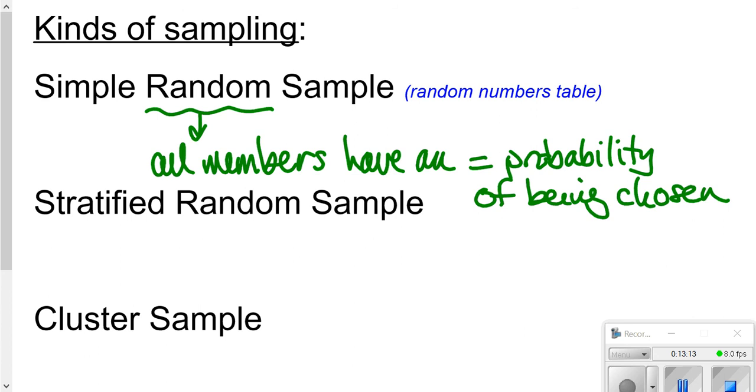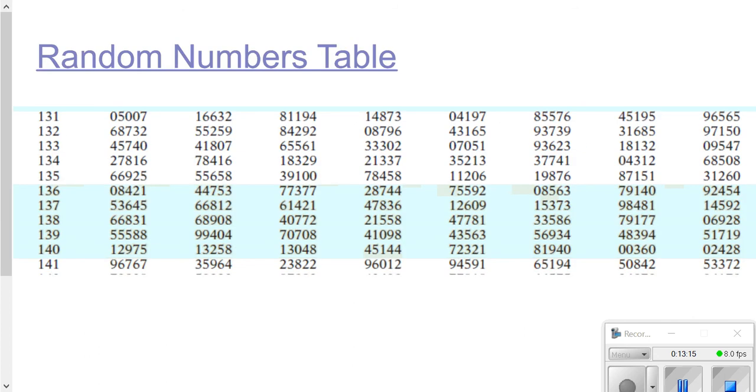Okay, so there's this beautiful thing called the random numbers table. It, like me, is an invention of the 1970s. And the random numbers table is really cool because it required a computer to be able to be created. And what's neat about it is each digit, so 0, 1, 2, 3, 4, 5, 6, 7, 8, 9, each digit is there an equal number of times. That in and of itself is not that amazing.